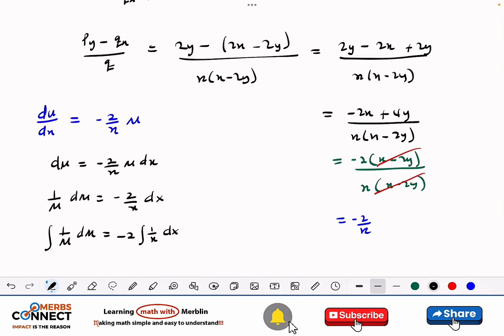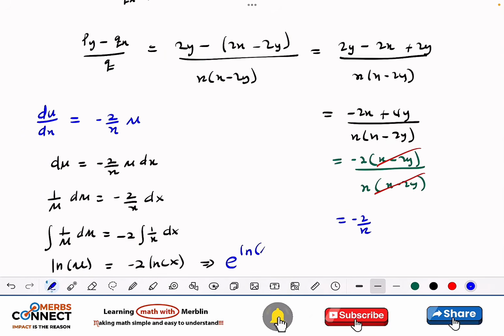So let's do the integration. This is going to be this, which is equal to minus 2 ln of x. So as I said, we are finding an integrating factor, so we don't want to add a constant, because we just ignore the constant, or we may say that the constant is 1. So we don't need to add the constant. So what we need to do here, we need to take the exponential function on both sides.